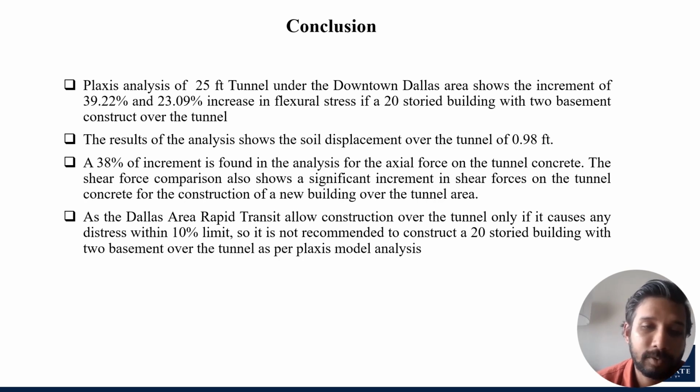But here, after the analysis in Plaxis, we can see the changes in shear and axial forces as well as the flexural stress are much more than 10%. We also see a 38% increment in the axial force of the tunnel before and after construction.